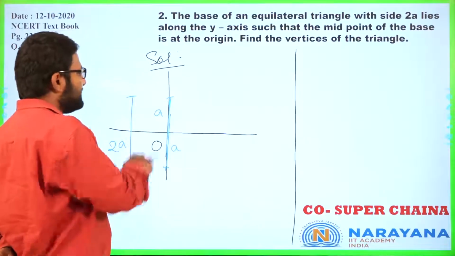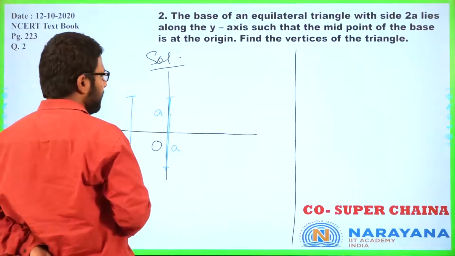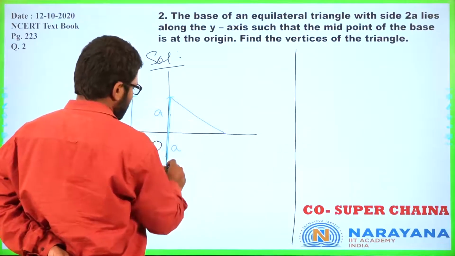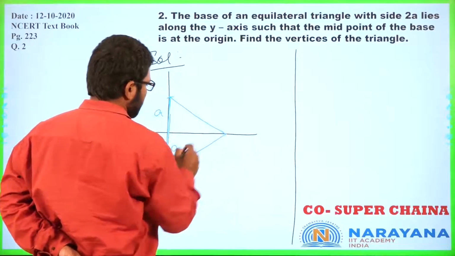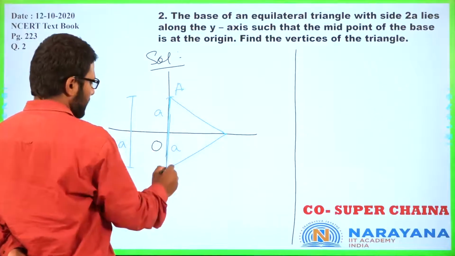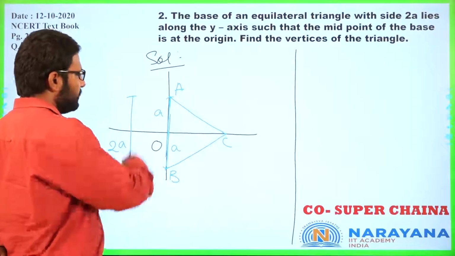And then by symmetry, when I continue this into the third vertex, can you see by symmetry the third vertex must lie on the x-axis, right? And we need to find, let us label everything, A, B and C. We need to find the coordinates of all these points, right?